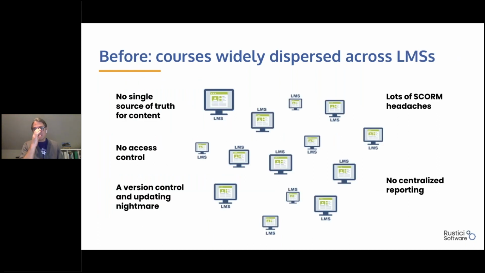So setting the stage for us, before a customer comes to Rustici and starts working with the Content Controller solution, this tends to be what their course and content ecosystem looks like.